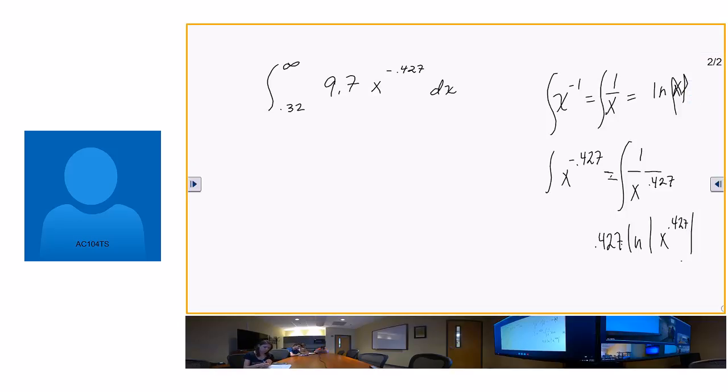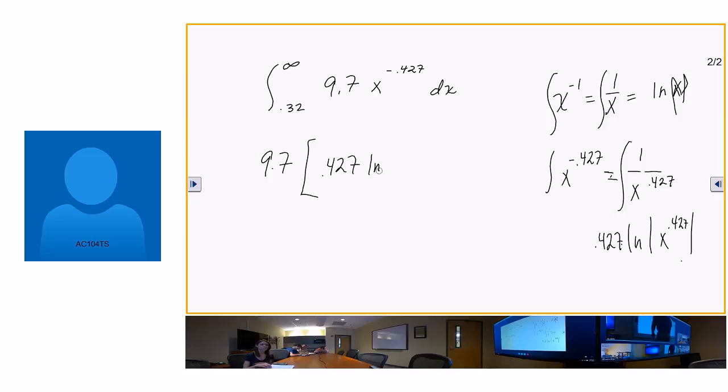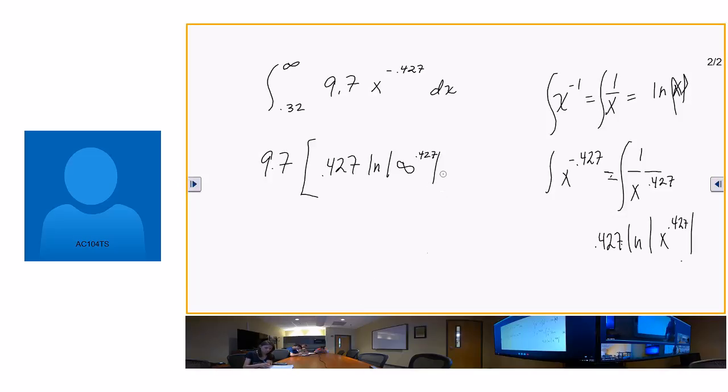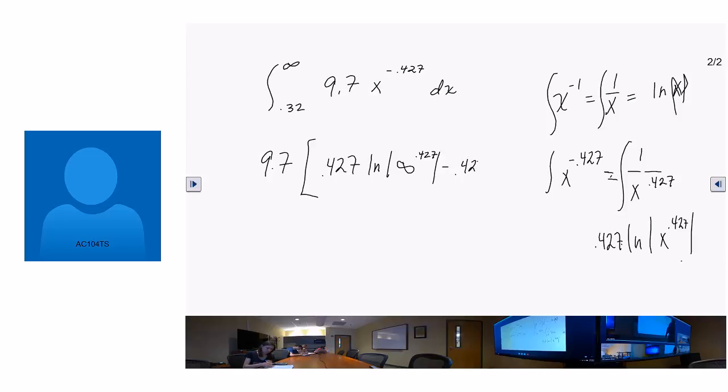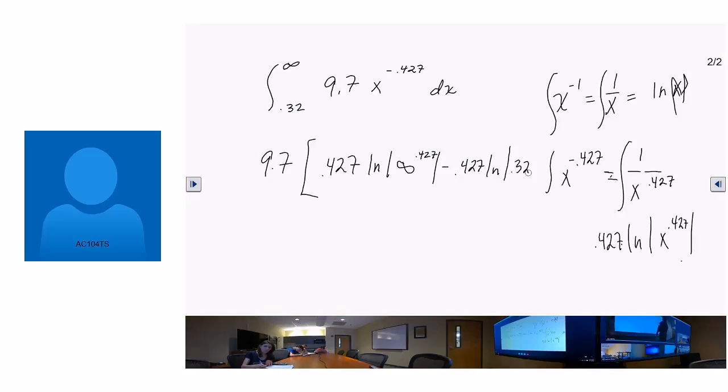So now we've got 9.7 brackets, and then we've got 0.427 natural log of x, infinity to the 0.427, minus 0.427 natural log of 0.32 to the 0.427.